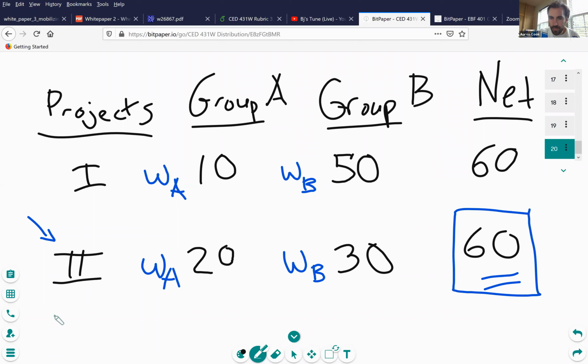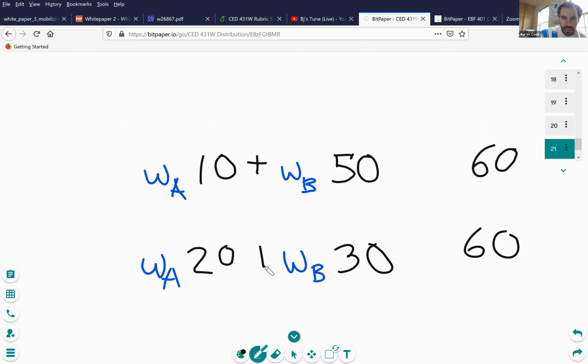Now, this is a system of 2 equations and 2 unknowns, so we can just use some algebra here. The sum of the benefits to each of these groups is equal to the right-hand side number, and we adjusted the bottom one to be equal to 60, because we know that under the implied weighting scheme, it must have been at least as much as project 1.